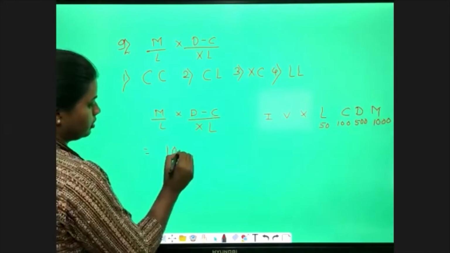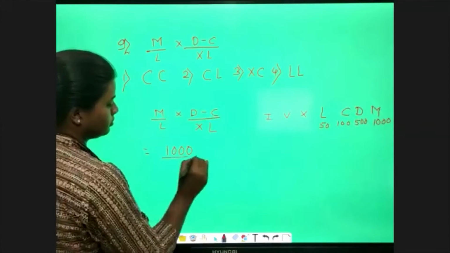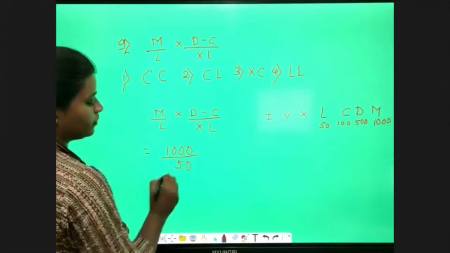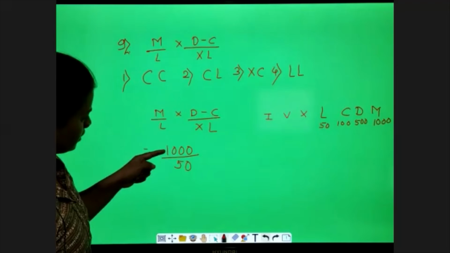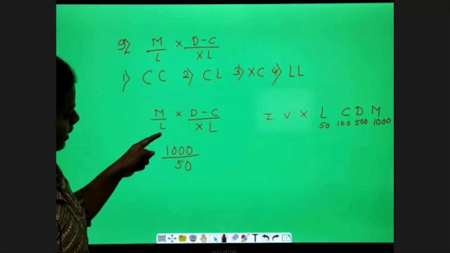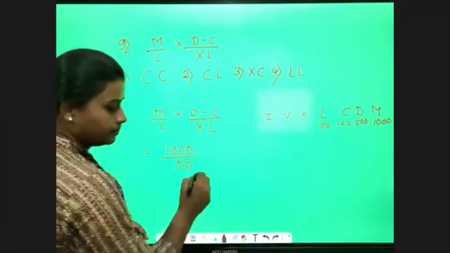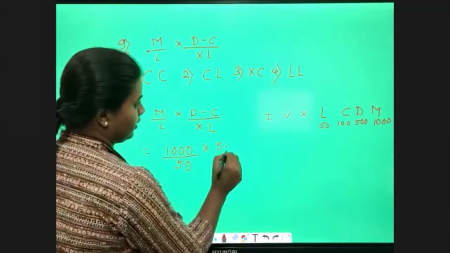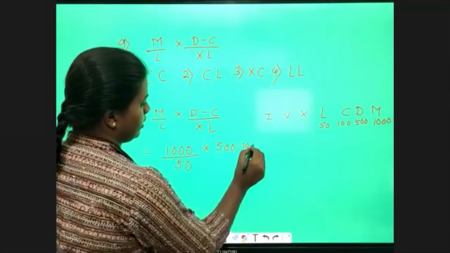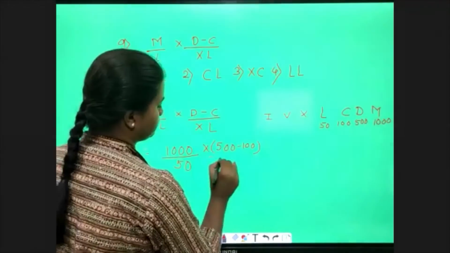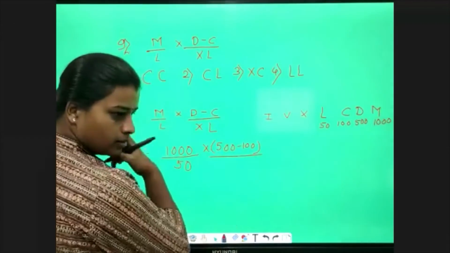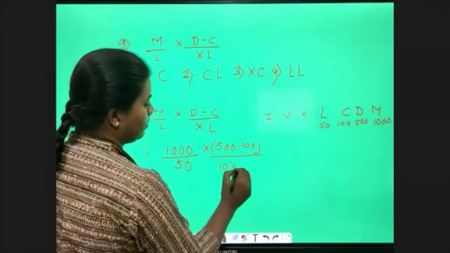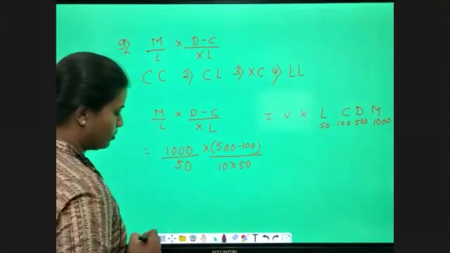It is 1000. L is equal to 50. D will be 500 minus 100. X will be 10, multiplied by 50. Okay.